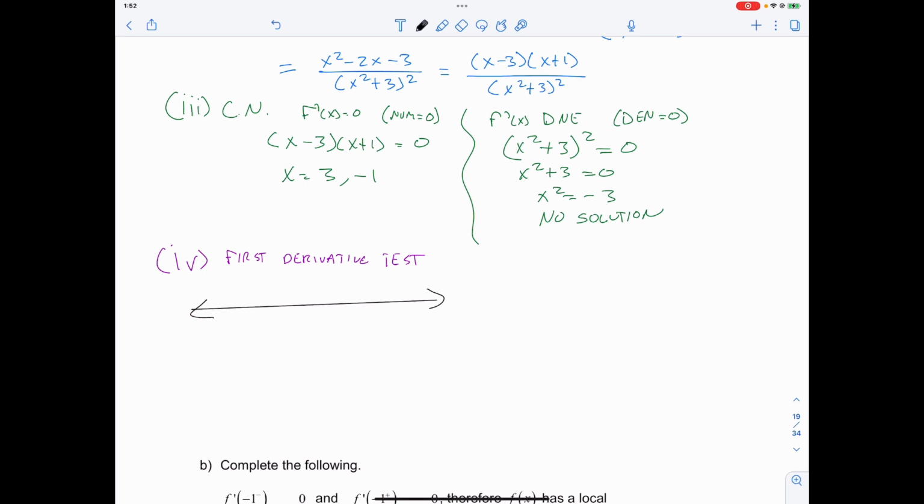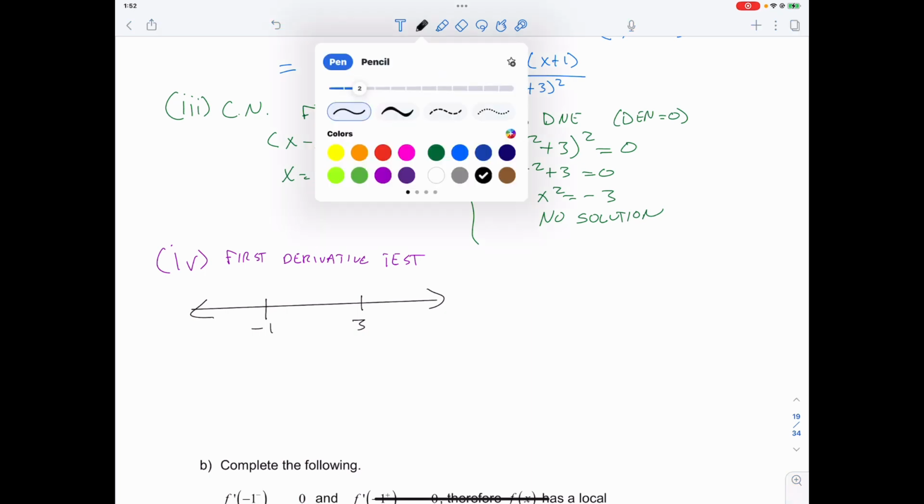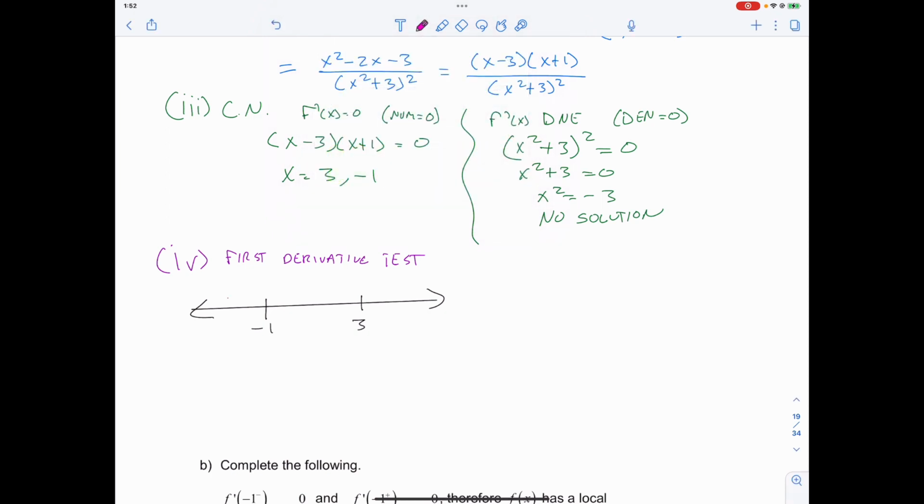I'm going to split it up based on those critical and significant numbers, so negative 1 and 3. And then I need to pick a number that fits into each of these regions. So let's say I'm picking something along the lines of negative 2, 0, and 5.